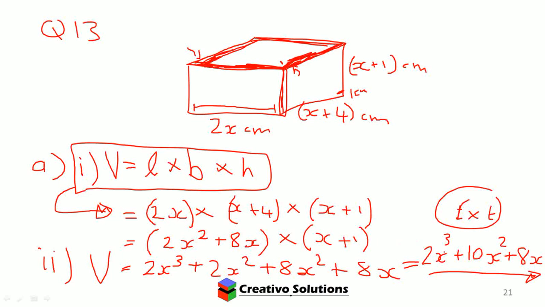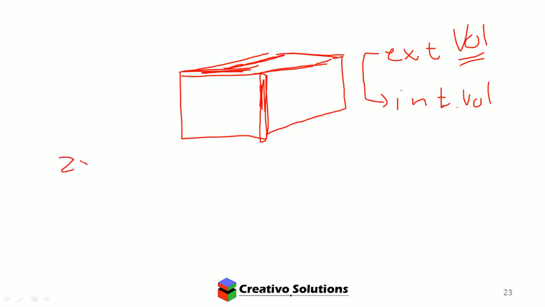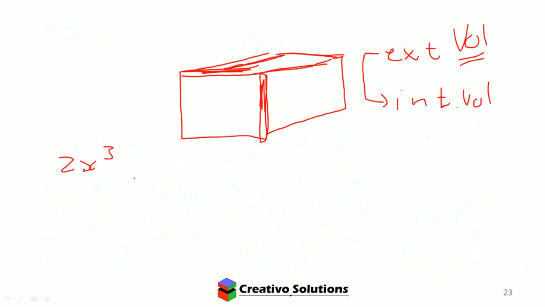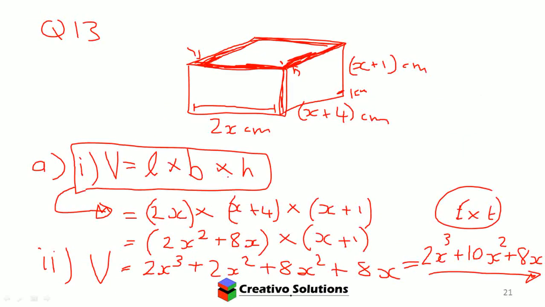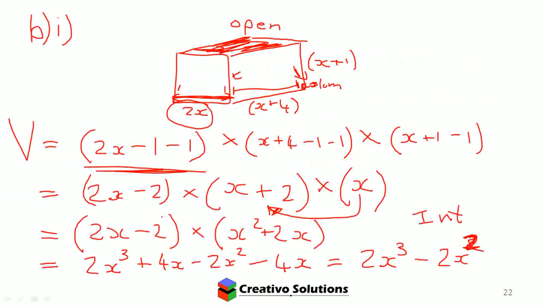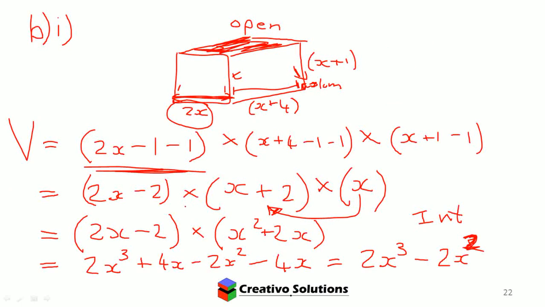Great, so I'm going to write that down, which was our equation, 2x cubed plus 10x squared plus 8x. That's the external. And then we're going to have to subtract the internal capacity, which was this equation, 2x cubed minus 2x squared.